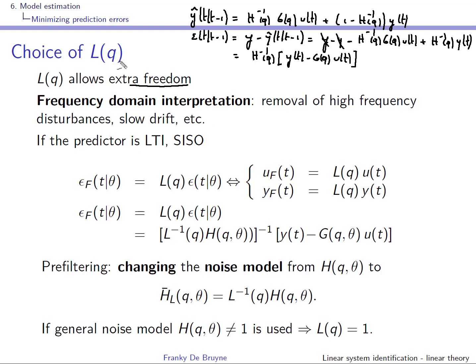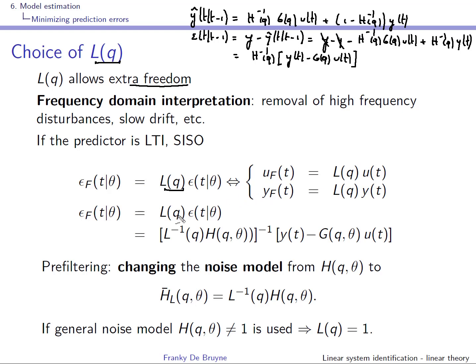So the interpretation of the filter is, if you have a filter over here, it's equivalent to working with u_F, the filtered input, and y_F, the filtered output. So in practice, if you want to do prediction error methods with a filter, what you'll first do is filter your input and your output.